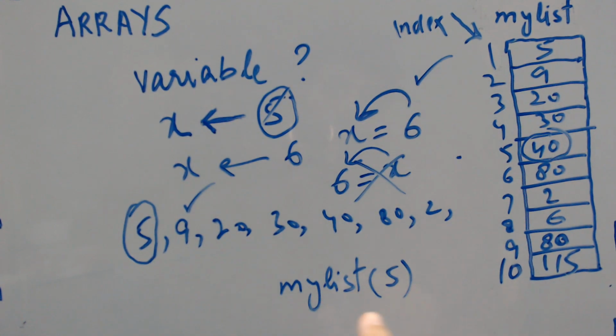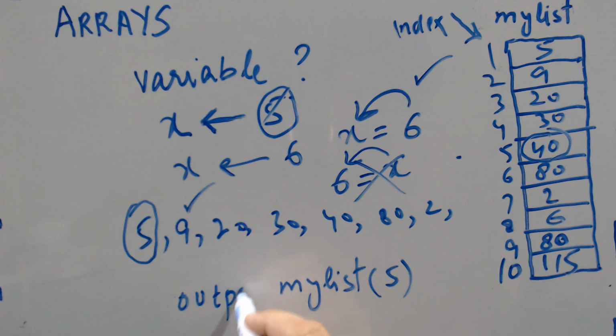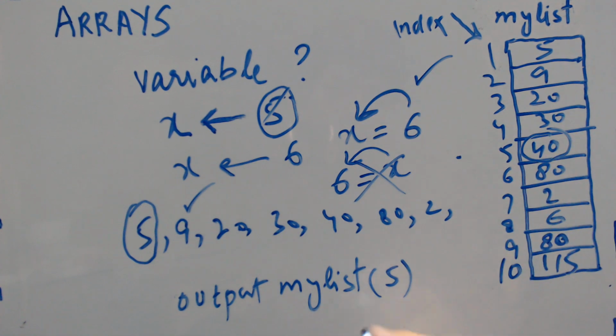That means now we want this value to be printed, so I can write print, or you can use the word output as well. So this will display the value at the 5th location of array, so it will display 40.